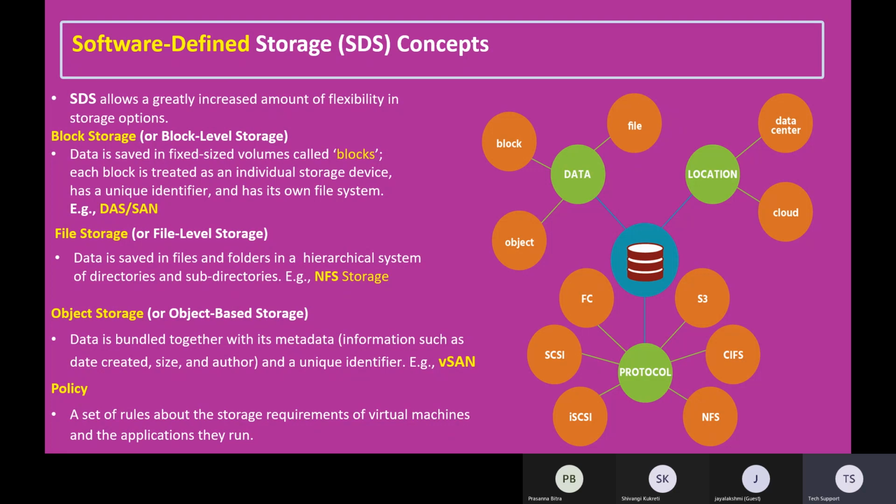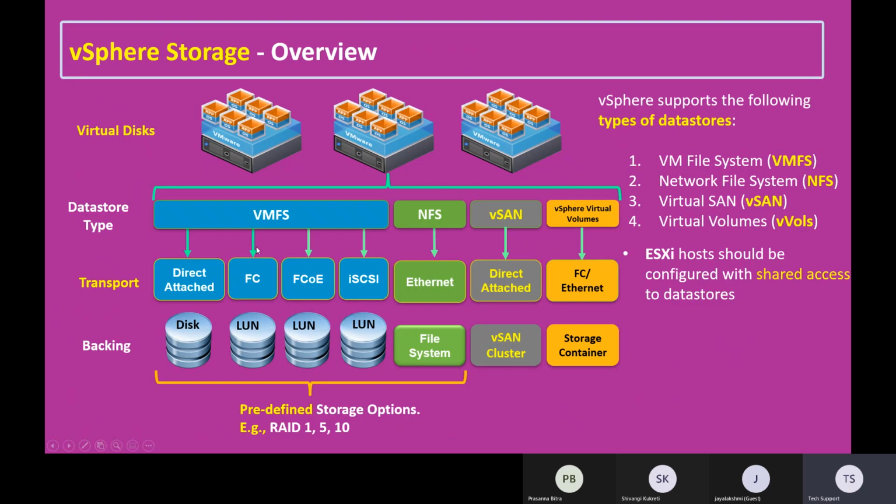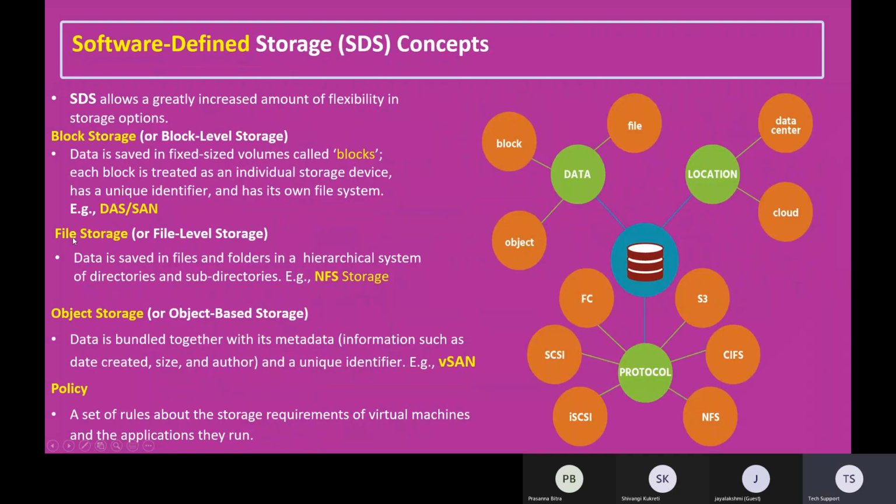We can assign the LUN sizes, and each block is treated as an individual storage device. Yes, we have LUN1, LUN2, LUN3 and so on, and each has a unique identifier. We know LUN identification and LUN addressing, and it also has its own file system. When we add the LUN to the ESXi host, the LUN acts as a VMFS file system.